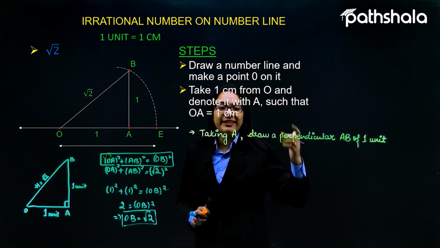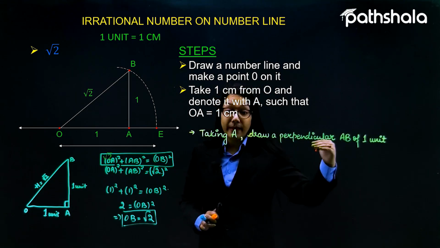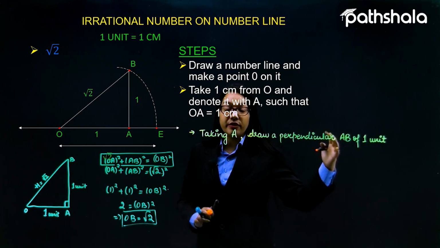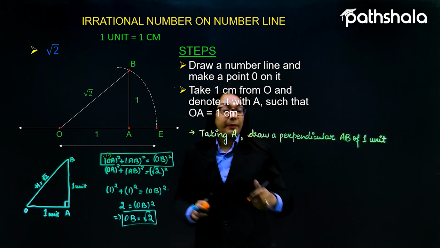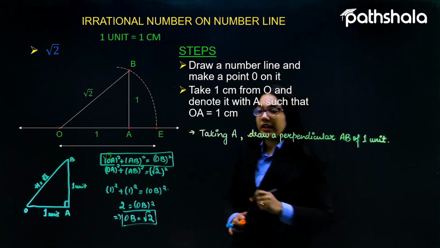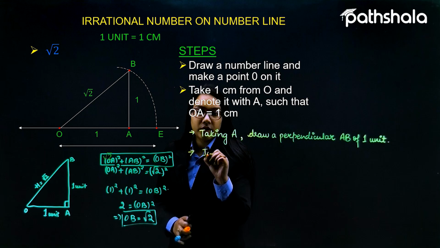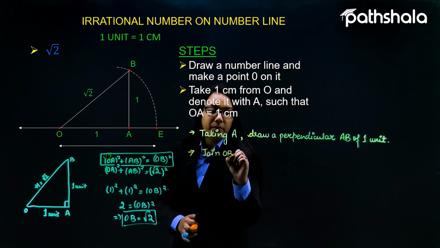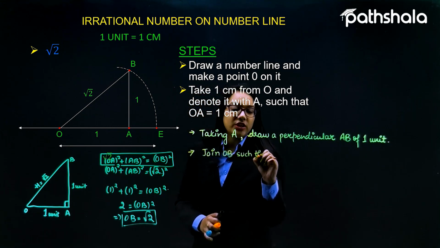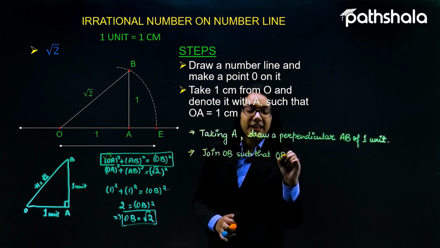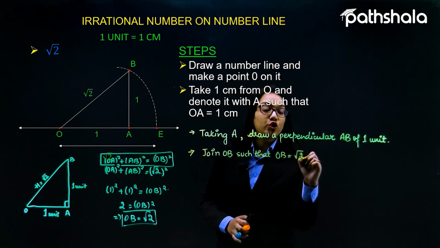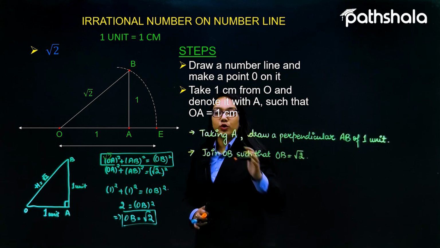The next step would be to join OB, such that OB is equal to root 2.